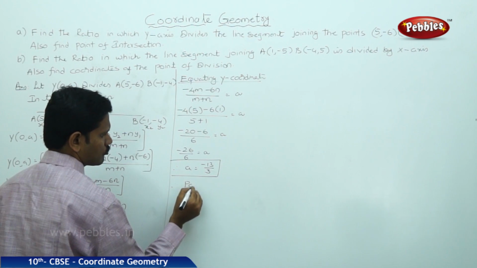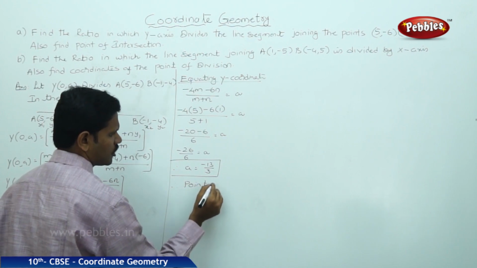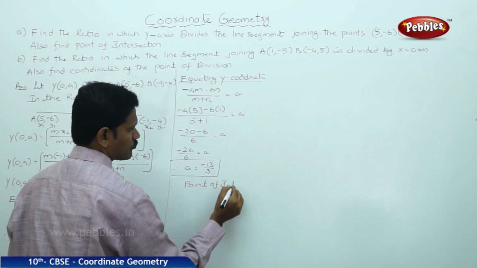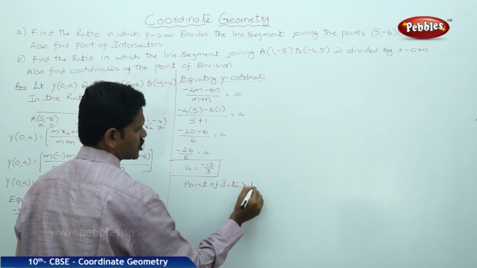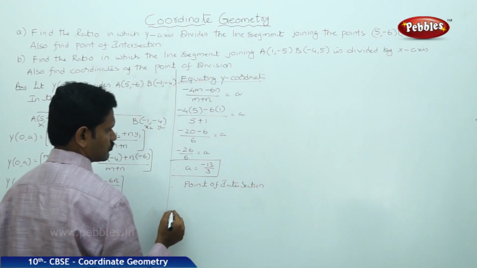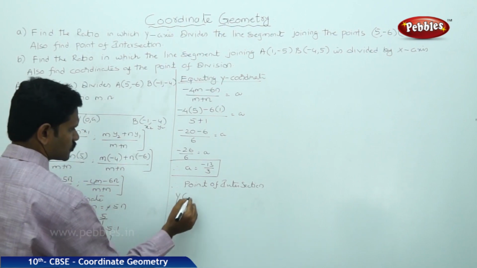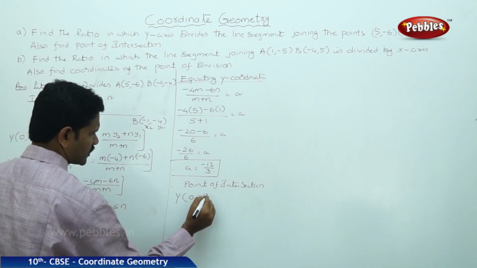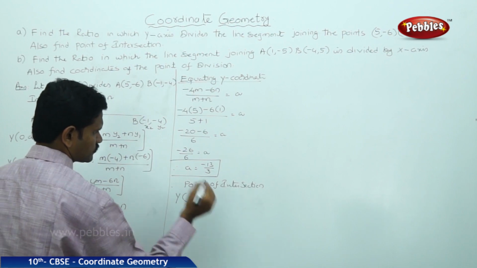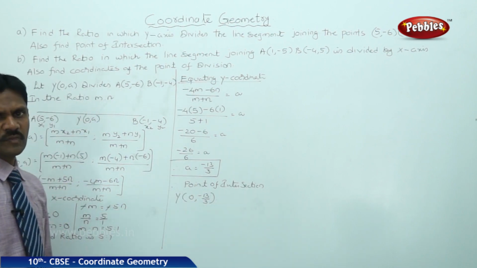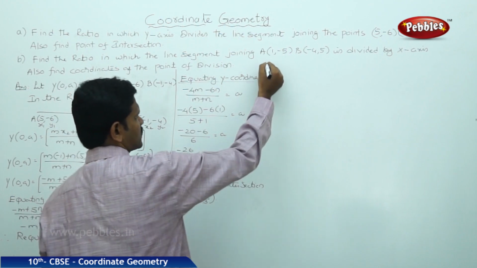Therefore the point of intersection is Y of (0 comma minus 13 by 3). Let us come to the second example.